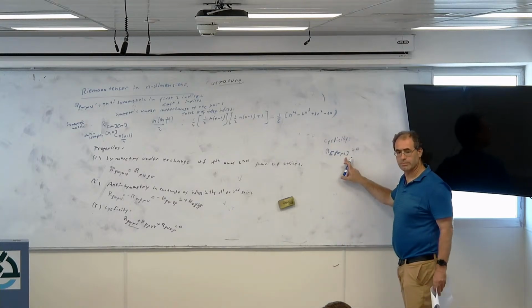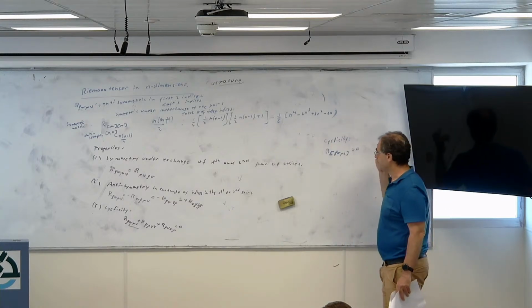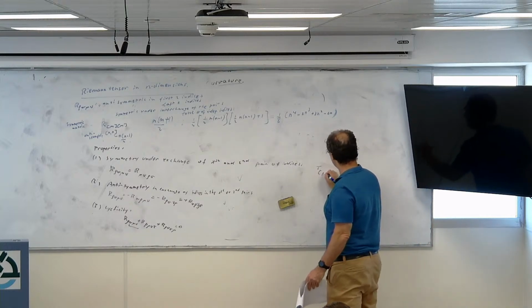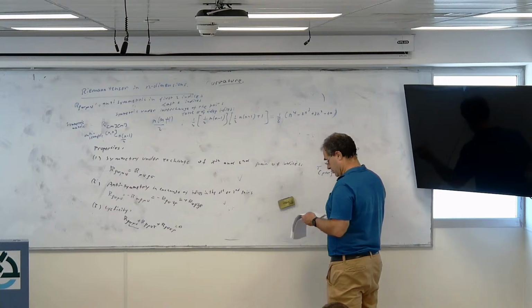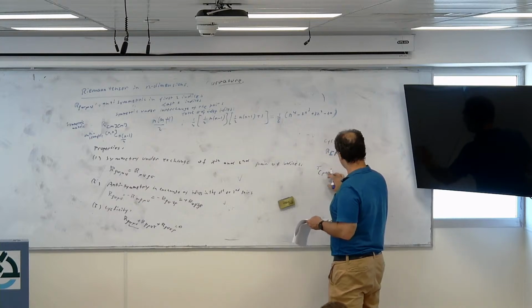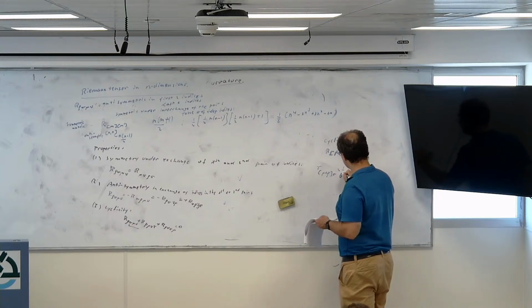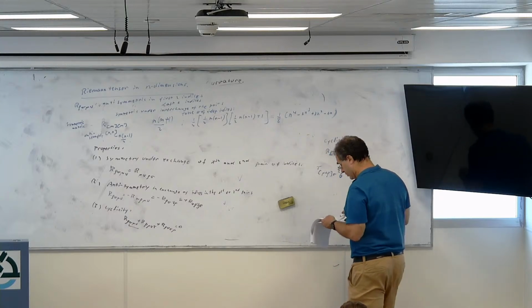Or not? No. Okay, so if I have, let's say, T with indices mu, rho, sigma, by definition it's 1/6 times the sum over all the permutations.